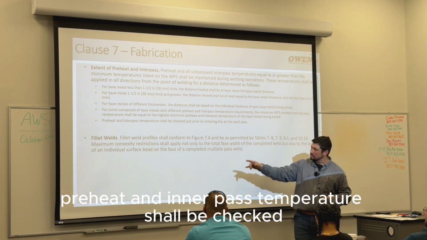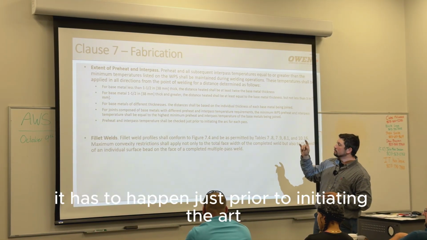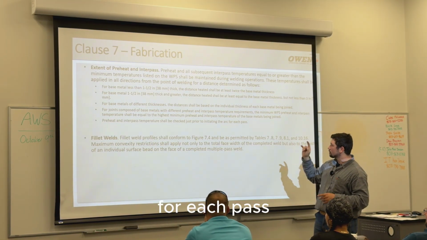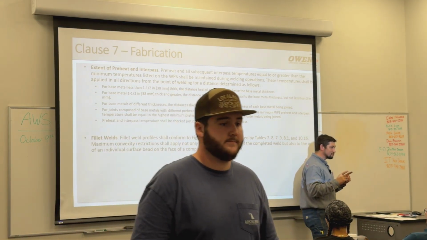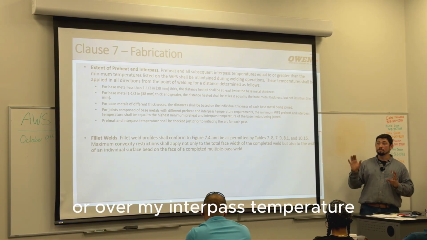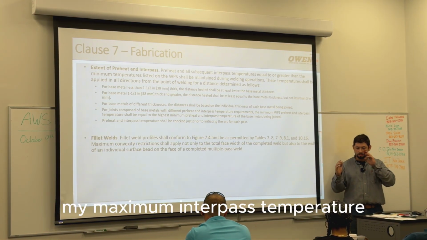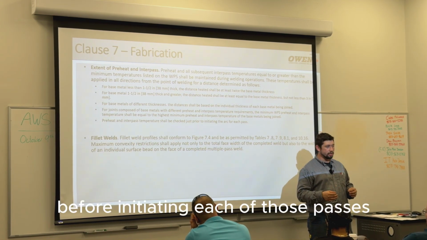Preheat and interpass temperature shall be checked, which means it has to happen, just prior to initiating the arc for each pass. I cannot go under my preheat or interpass temperatures, or over my maximum interpass temperature, before initiating each of those passes.